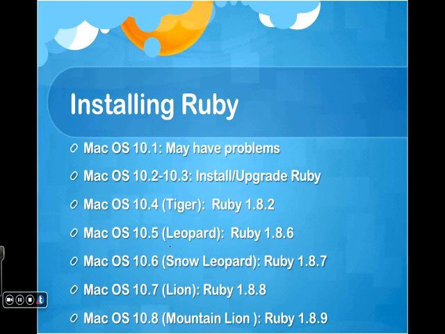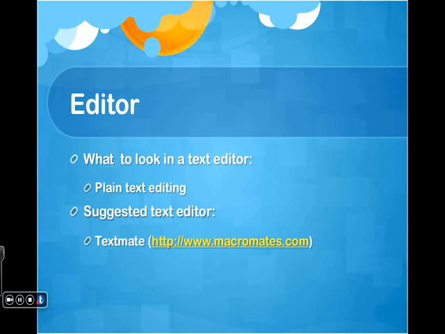Now, let us talk about the editor. It is recommended not to use Microsoft Word as an editor, because you really want something more suitable to manipulate and to see your code more properly. One of the most popular editors is TextMate, which comes from the company at www.macromates.com.